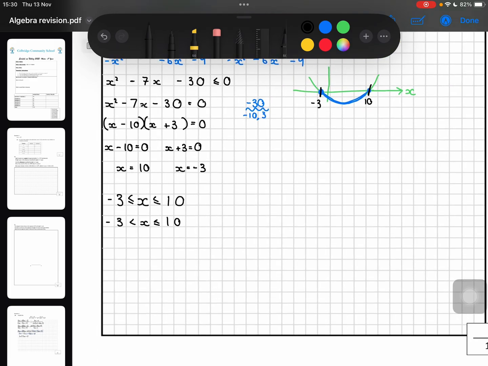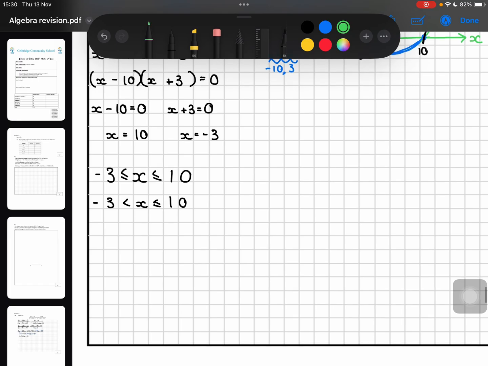If I looked at that as a quadratic sketch again, here is -3 and here is 10. x can be 10, so that it's equal to 0. x can be 9.99999, and for all these ones it's going to be less than.